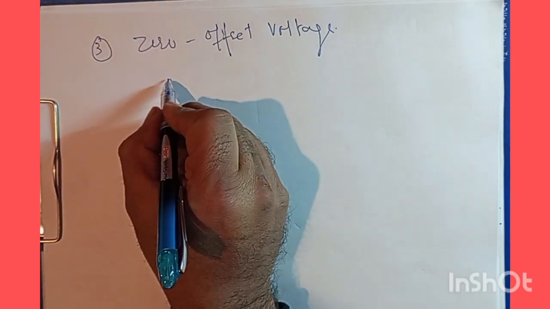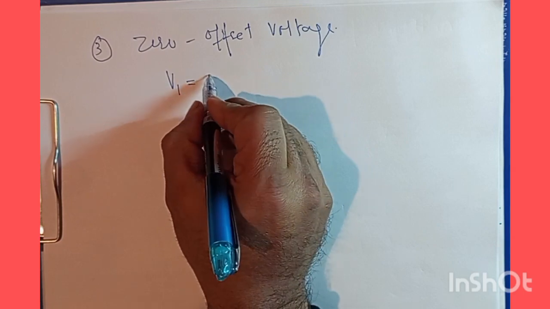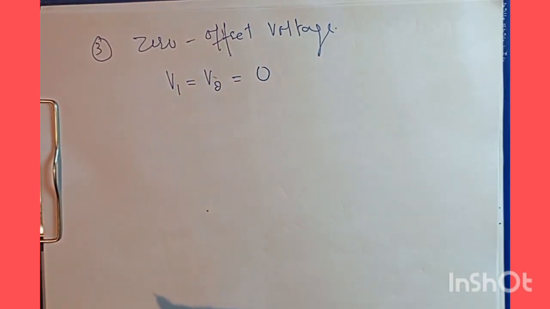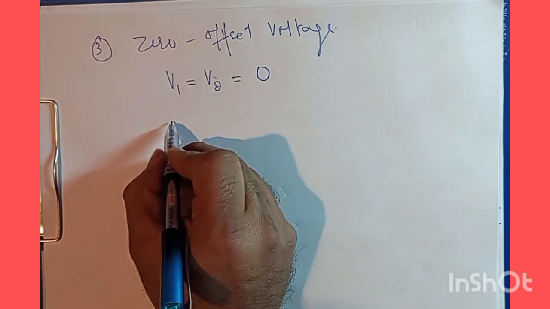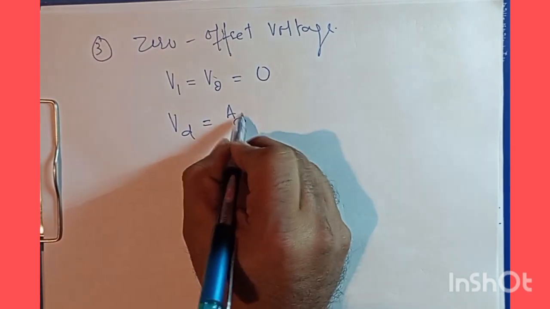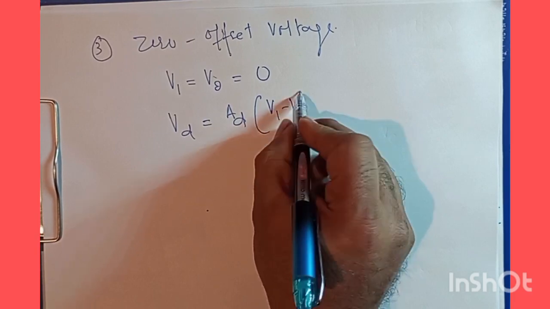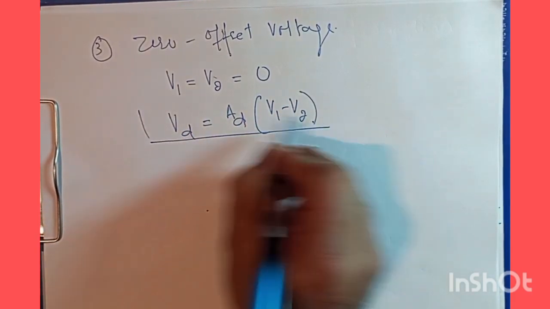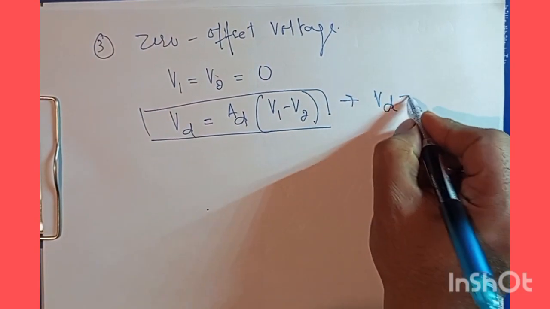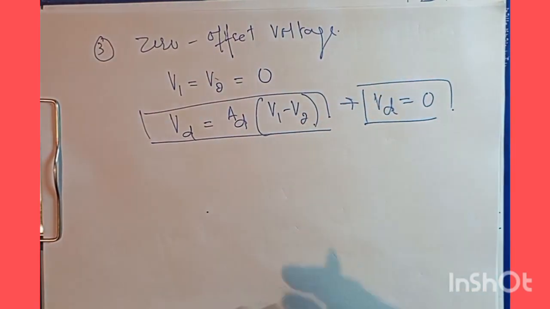Now, if we have a condition where V1 is equal to V2 is equal to 0, then if we have to write the gain of this operational amplifier, it is something like this: AD times (V1 minus V2). So in this case, we should be able to find VD equal to 0, right?